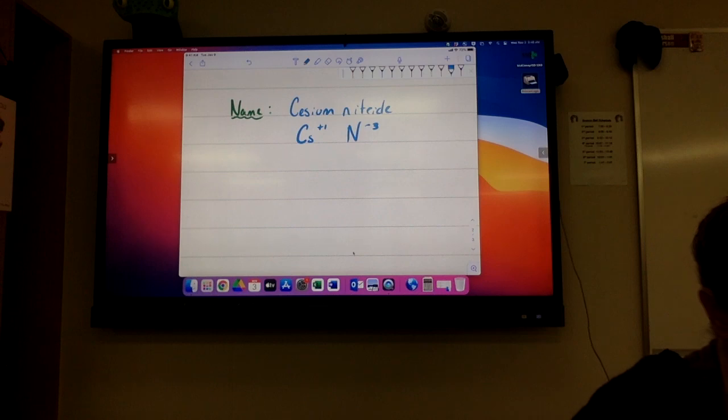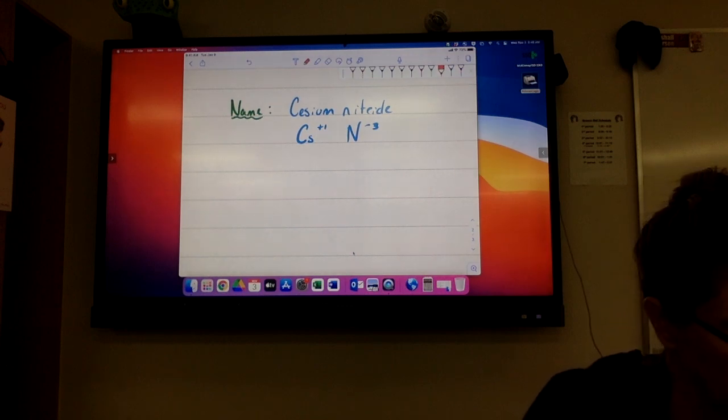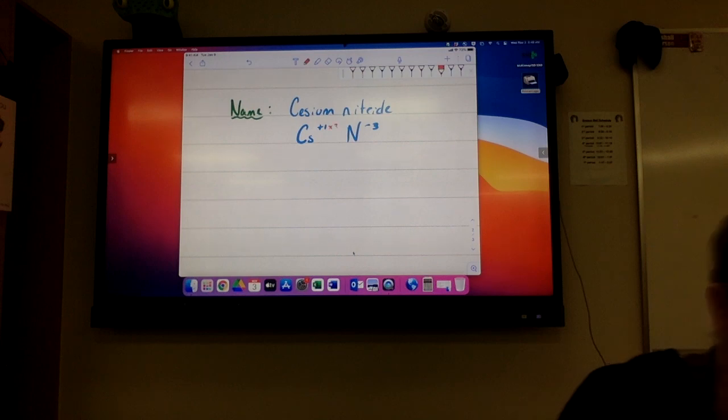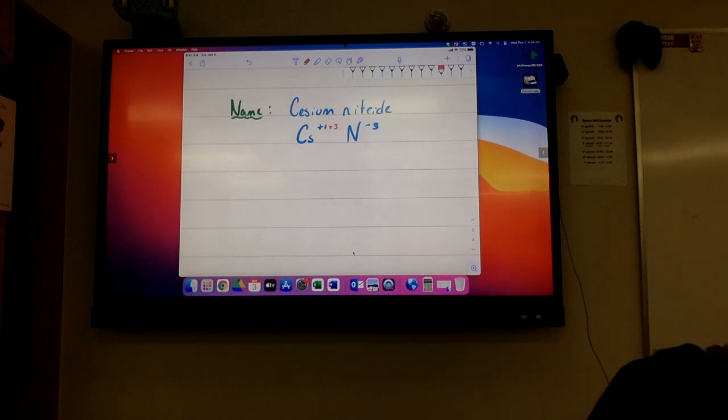All right. Miriam, what do I need to do to this to make it neutral? Yes, I do. Do I need to do anything to the nitrogen? Okay, so what's my balanced chemical formula?